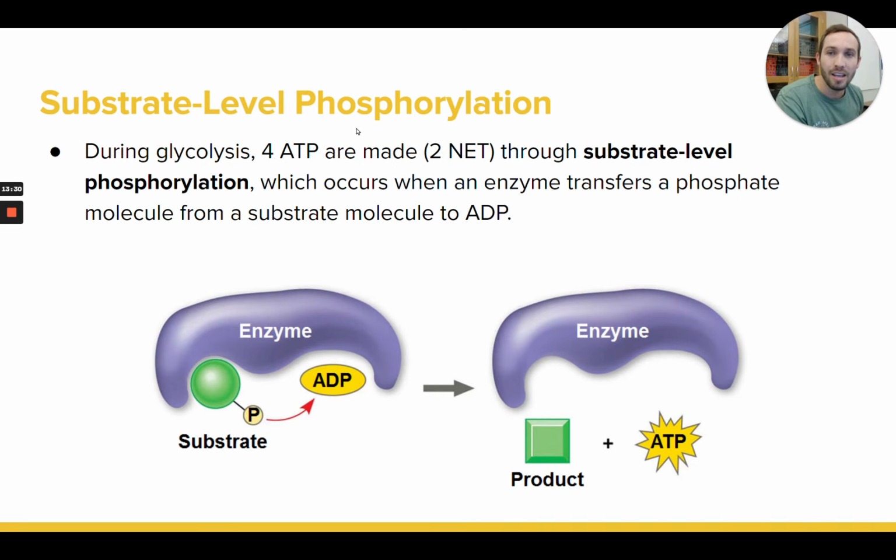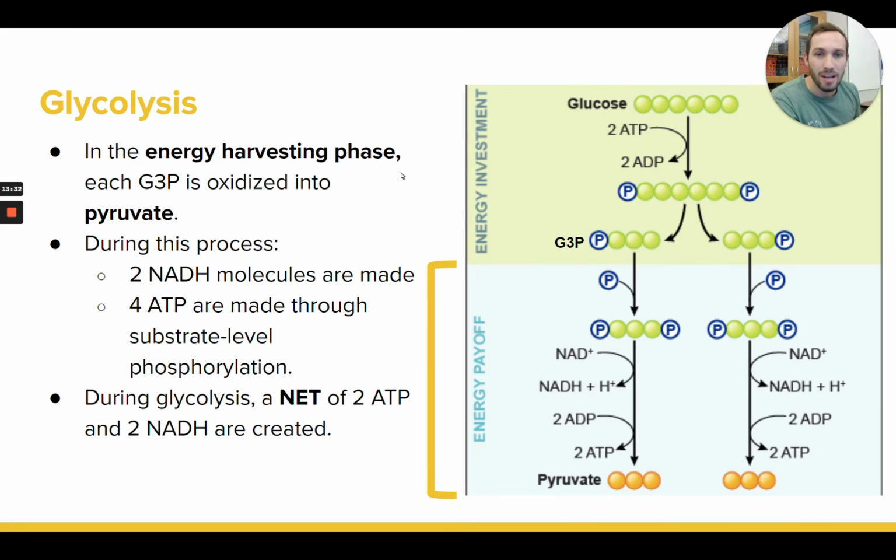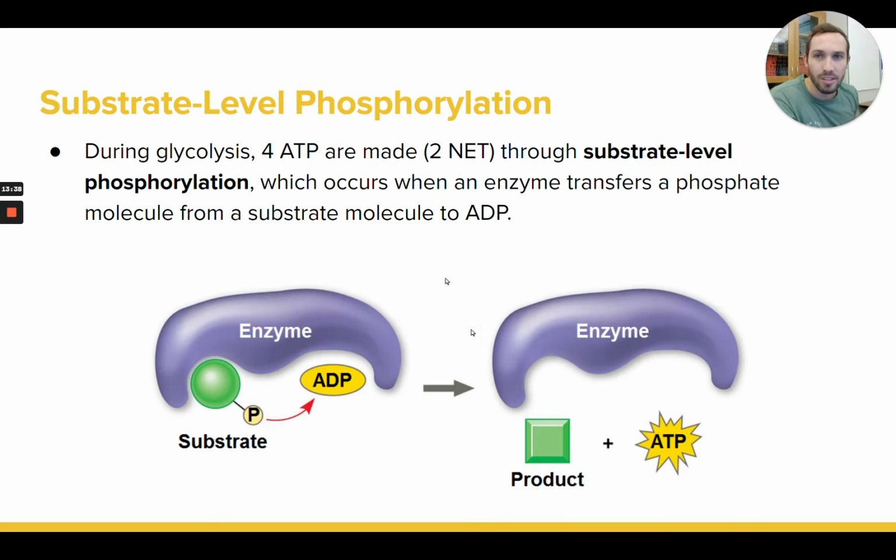You guys need to know that the ATP that we just made here, these 4 ATPs that we made during glycolysis, those ATP were made through a process called substrate level phosphorylation. There's some different techniques to making ATP in the cell. Substrate level phosphorylation is one technique to make ATP, and that's how we just made the ATP.